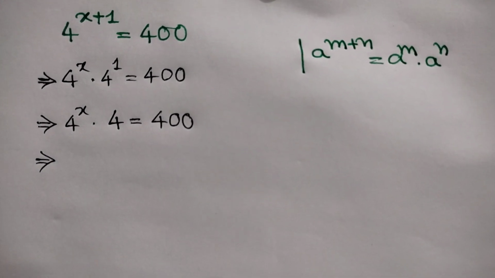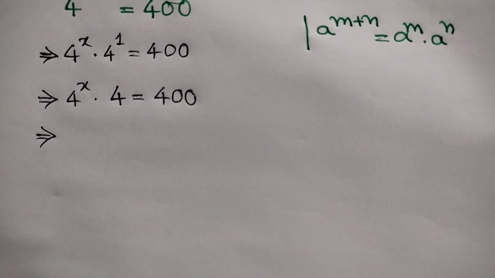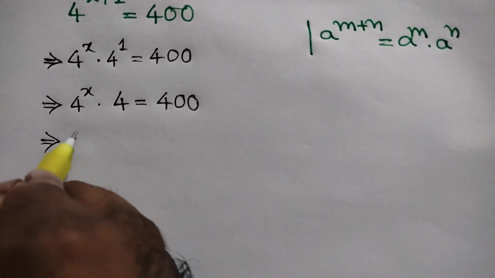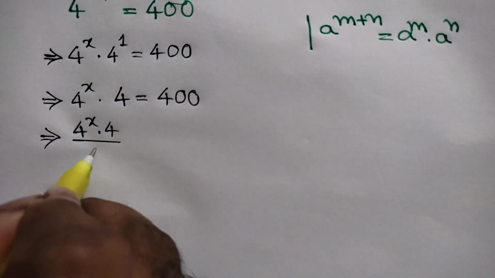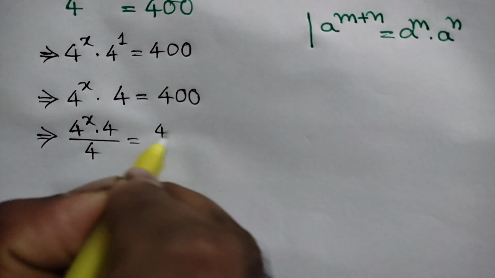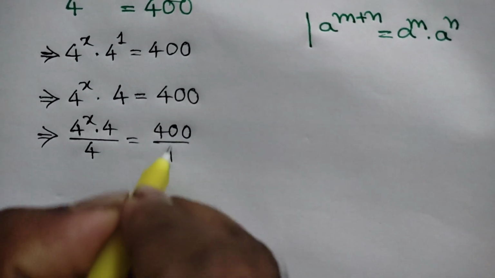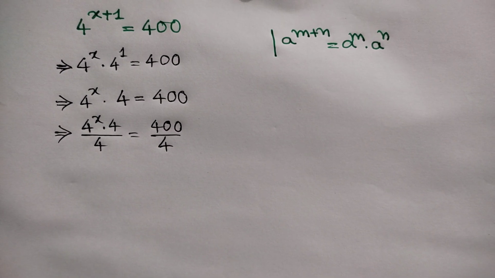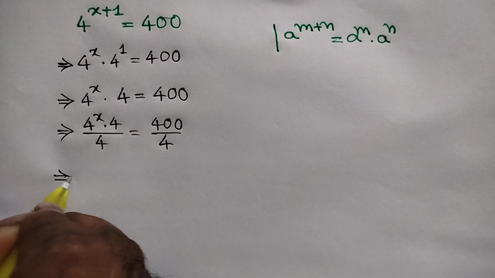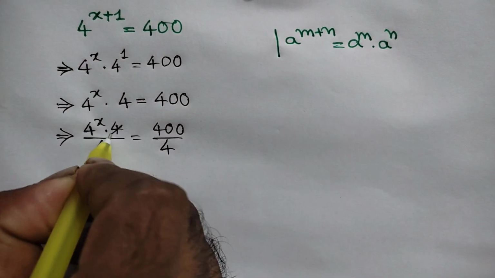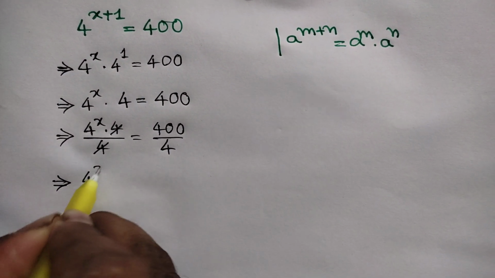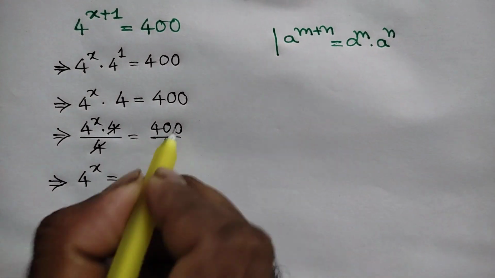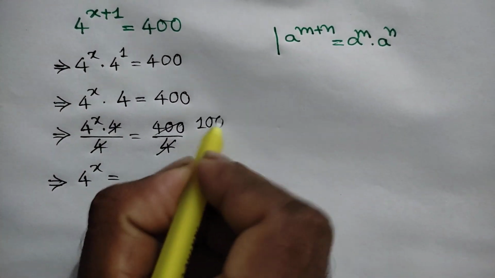Now dividing both sides by 4 we can write 4 to the power x times 4 over 4 is equal to 400 over 4. Now this 4 cancels out this 4, so on the left side we will get 4 to the power x is equal to, here we will get 100.